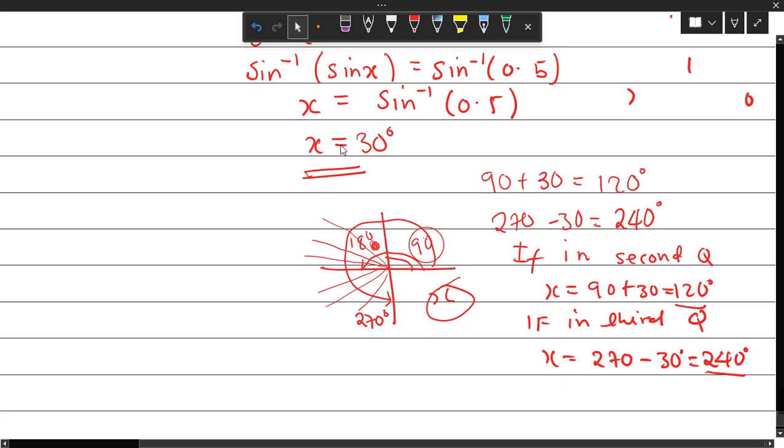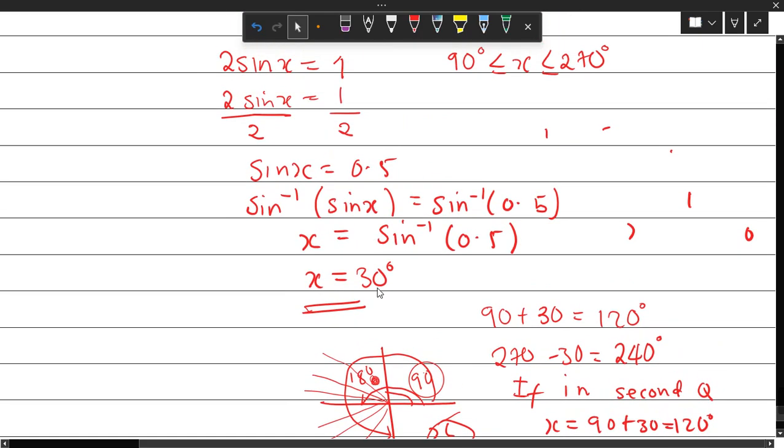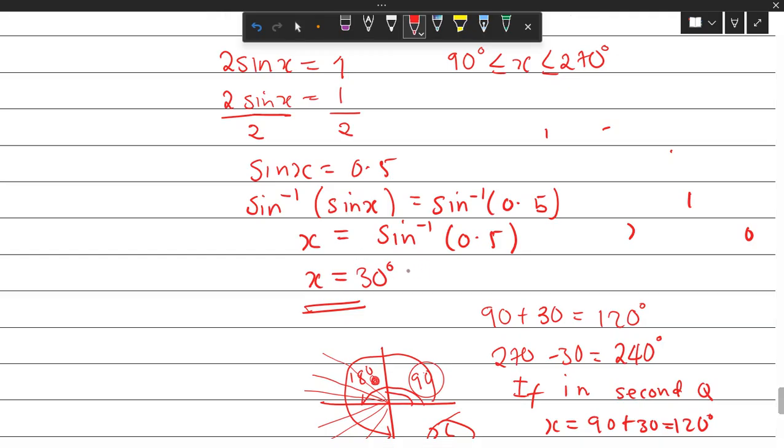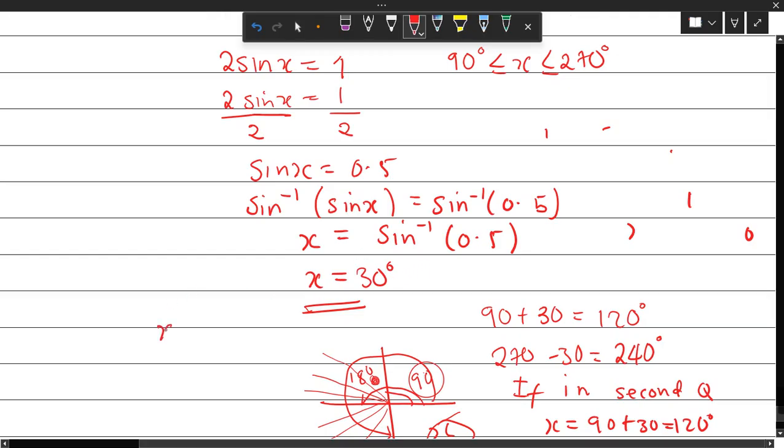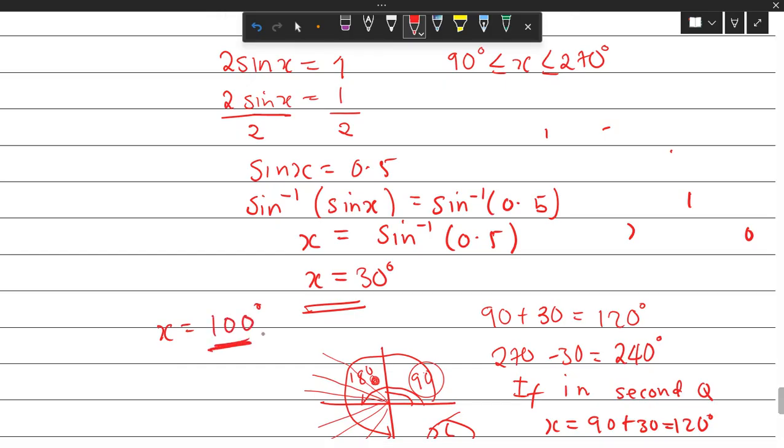First, you calculate it in this way. For example, if x was directly 100, we would have said this is our answer. No need of adding to 90 or subtracting from 270, because 100 is greater than 90.